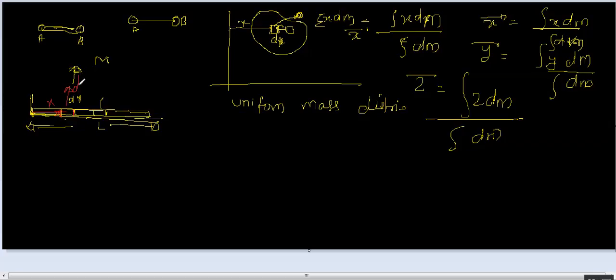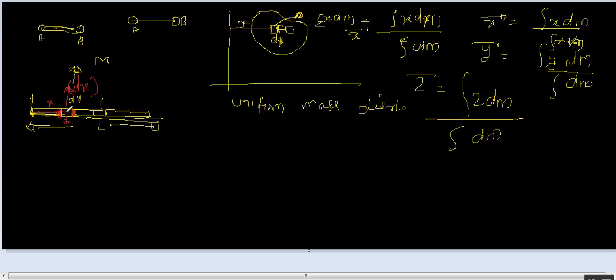We want to find the mass dm of this elemental portion, which is at a distance x from the origin.